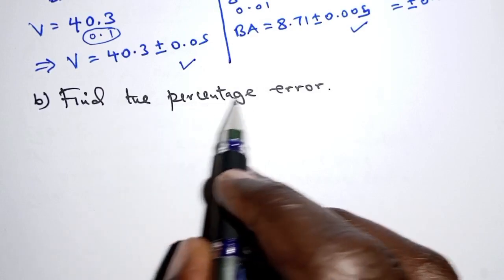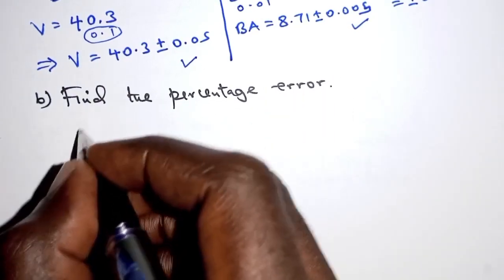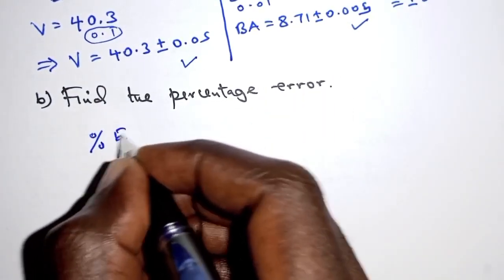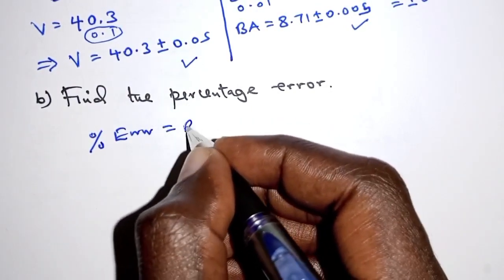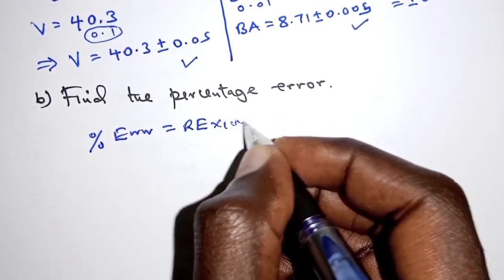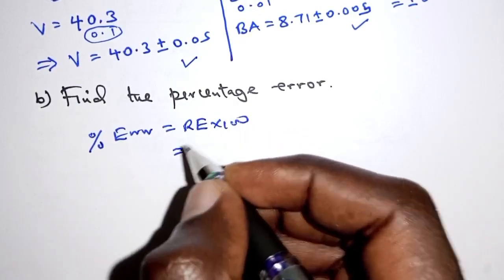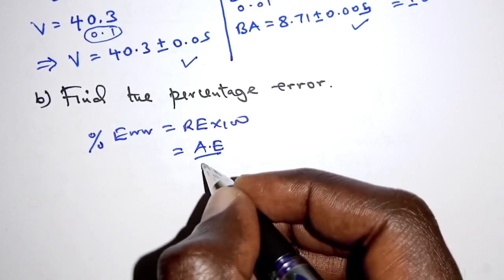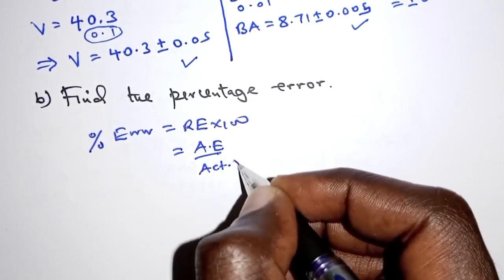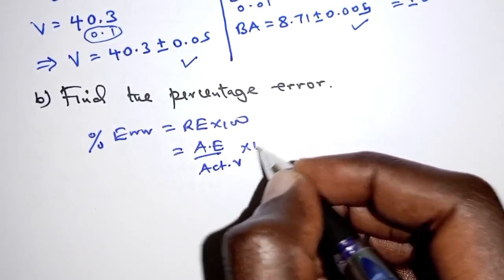We are required to find the percentage error. Percentage error is obtained as relative error times 100, but remember, relative error is absolute error over the actual value. So percentage error is relative error times 100.